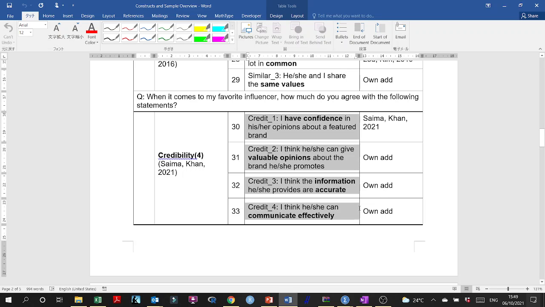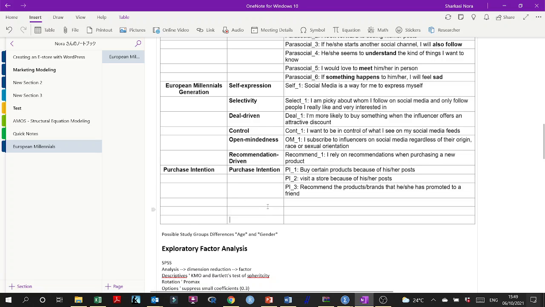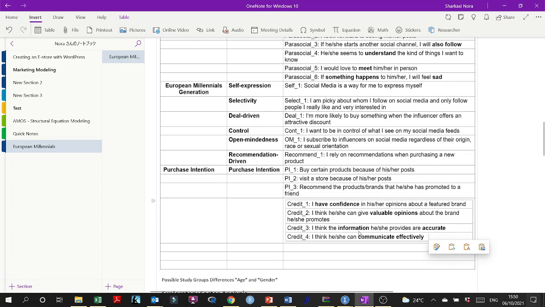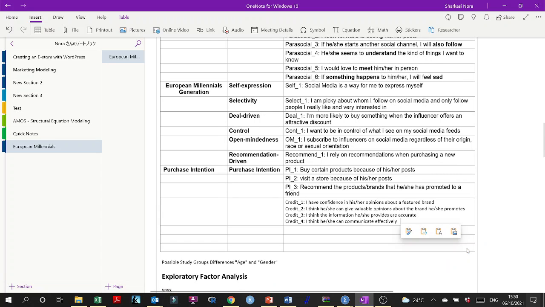Our own were better than the one that we got from the literature. It's the kind of situation that really sounds a bit funny. So over here we have the credibility. I'm just going to add them.